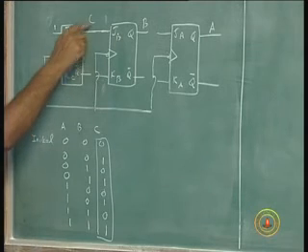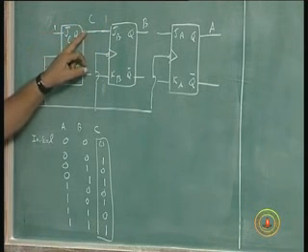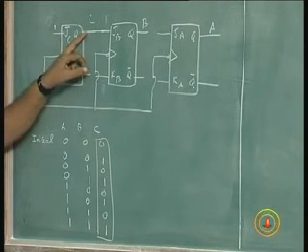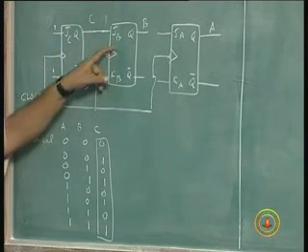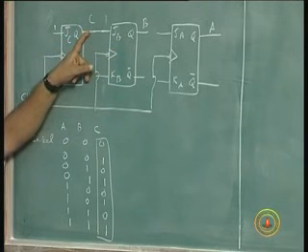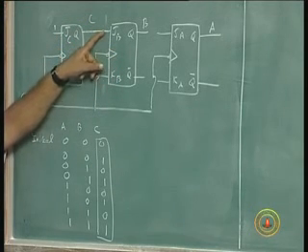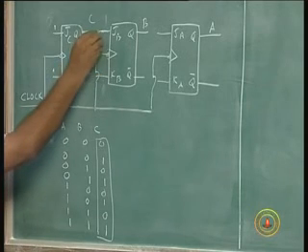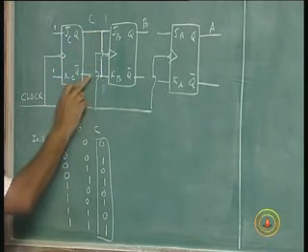Suppose I feed the output of C into the input of JB, the second flip-flop input. At first it was 0, so even though the clock was there, when this changed state, this would not change state, because the output of C was 0. The 0 was given here, and both J and K are connected to it.